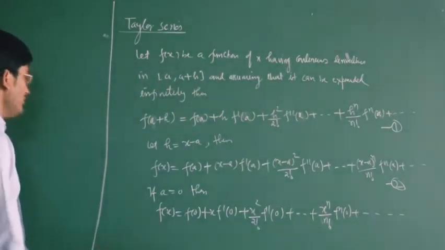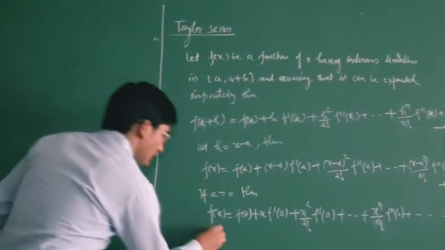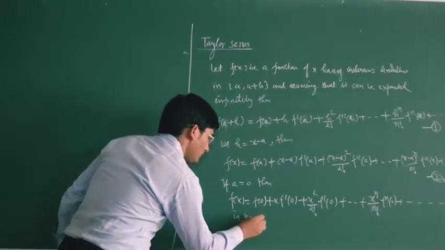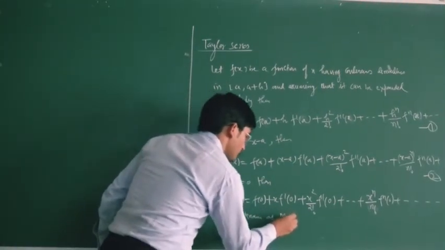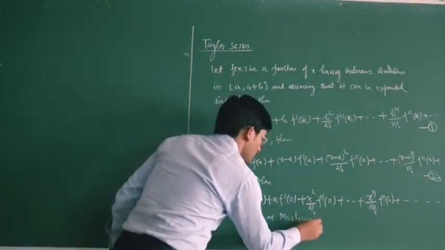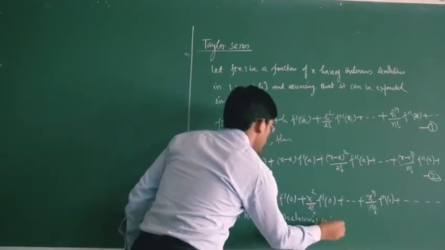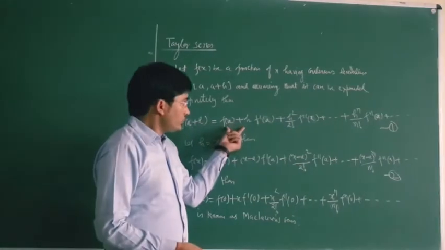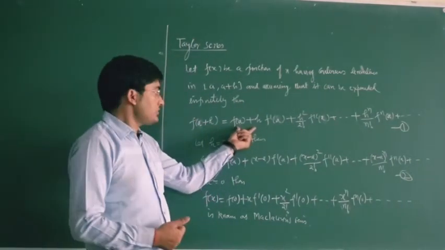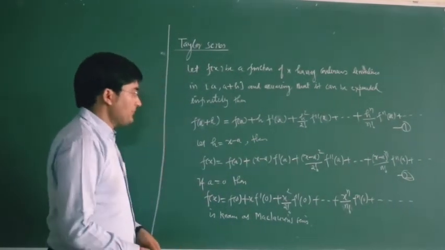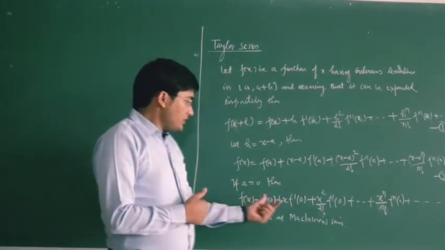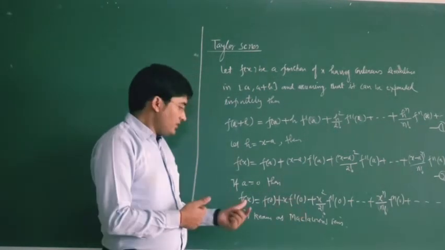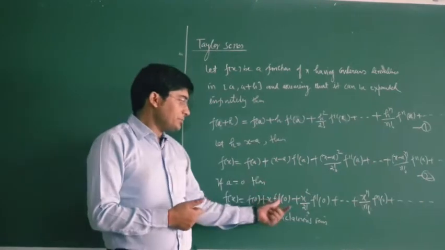This is known as Maclaurin series, and f(a plus h) equal to the earlier one is your Taylor expansion of a function f(x).